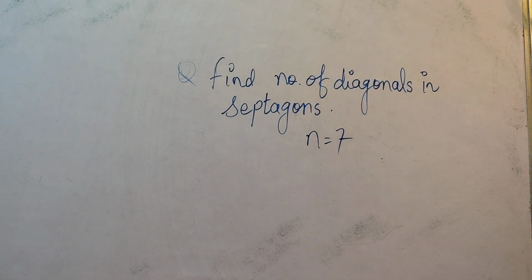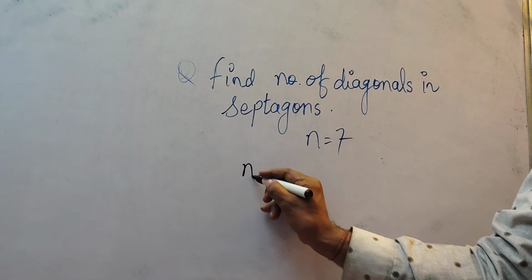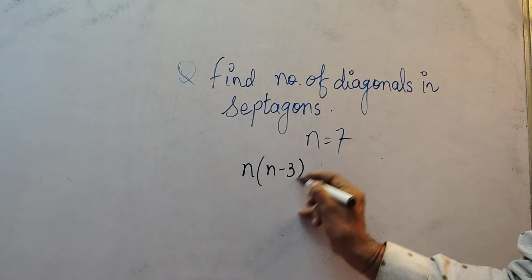First we write the formula: n times n minus 3 over 2.